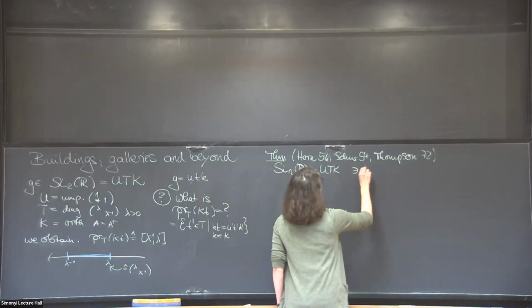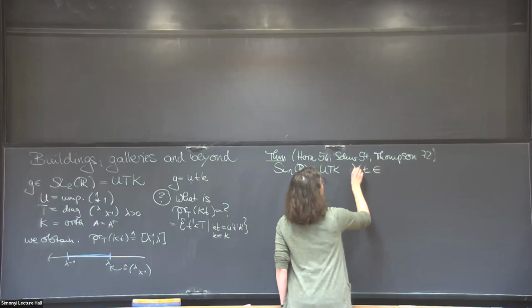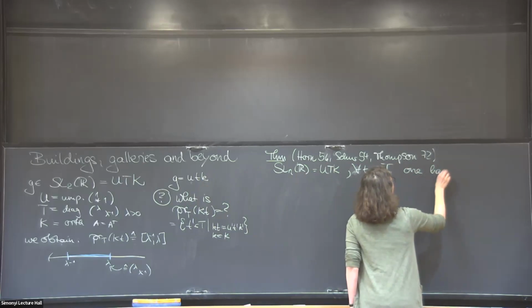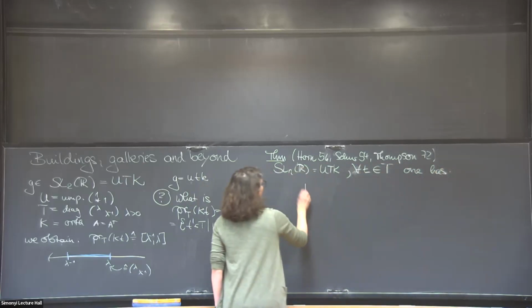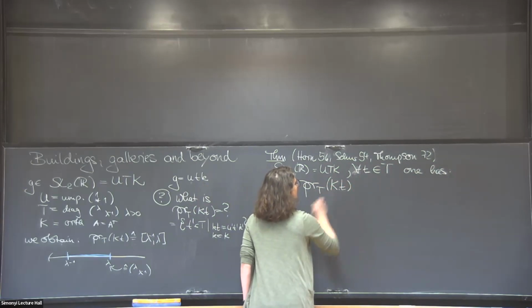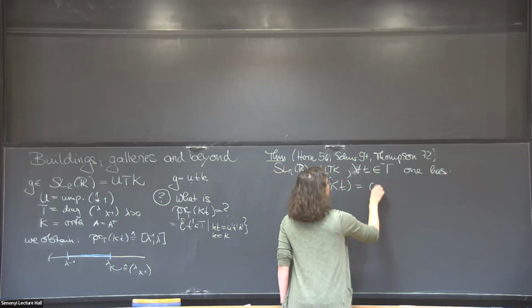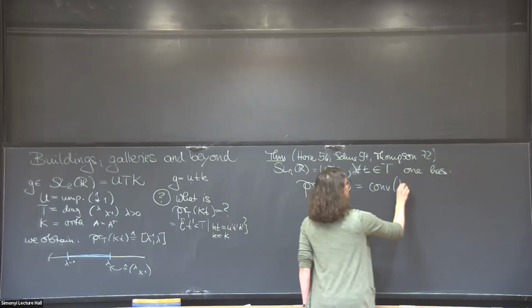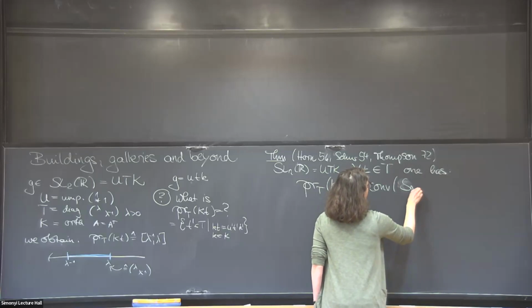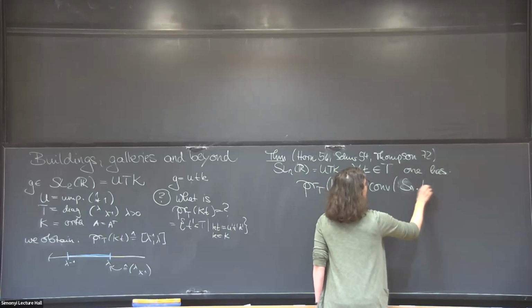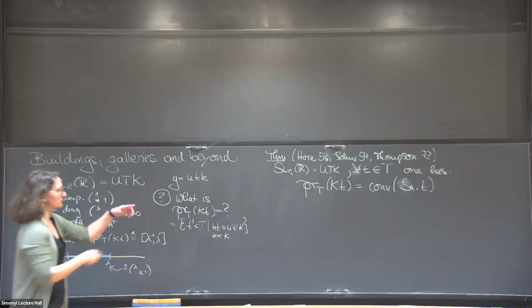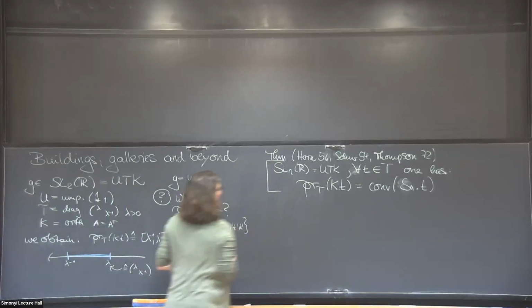But for all the t's in capital T, we have that the projection onto the T part of K times t is always the convex hull of Sn times t. Okay, and what do I mean by this? How to read this theorem?